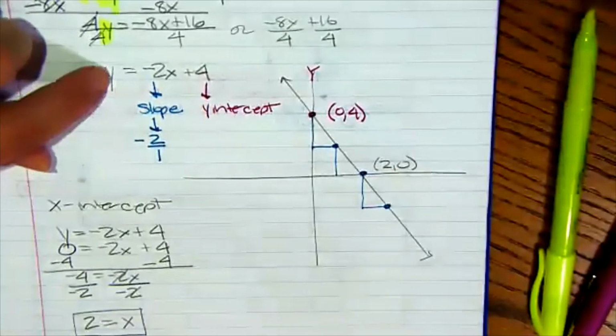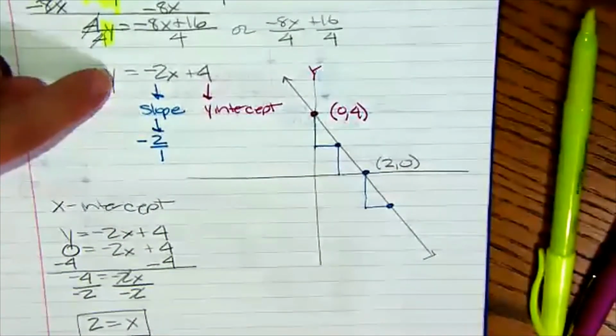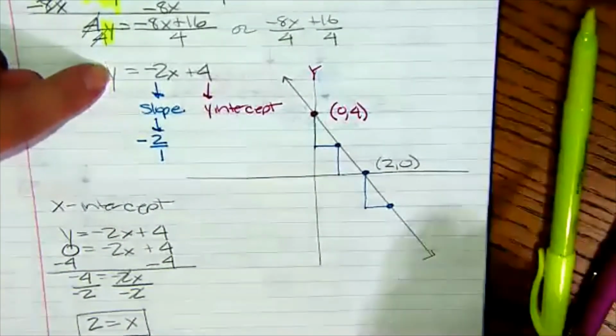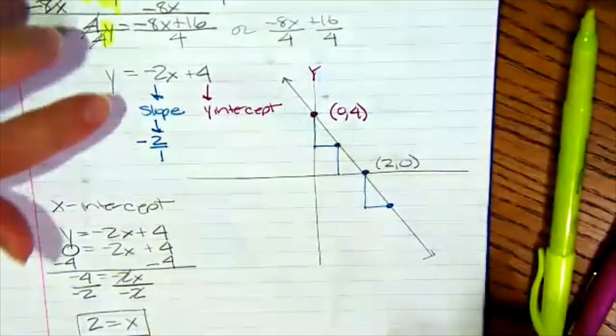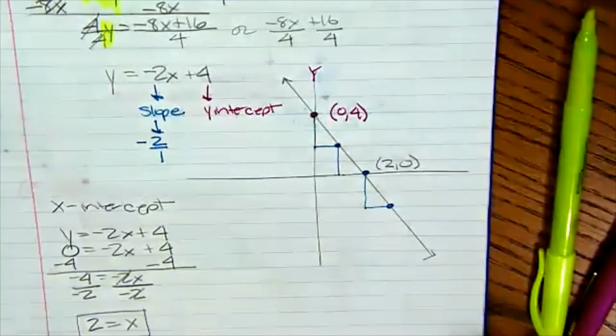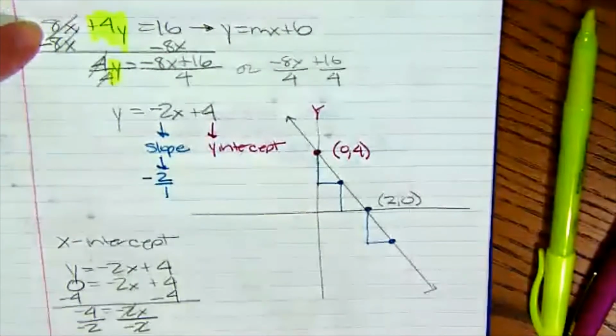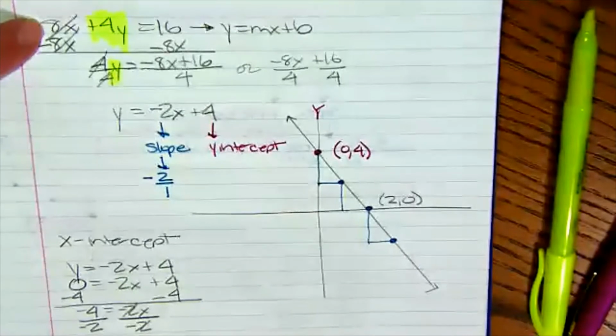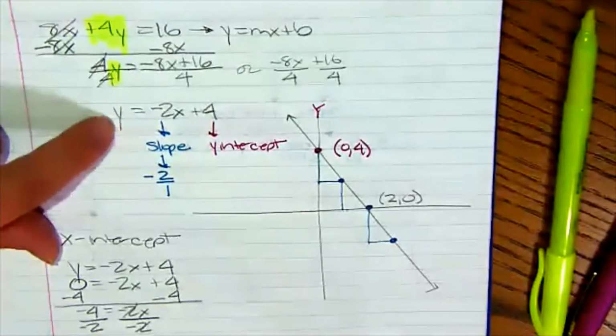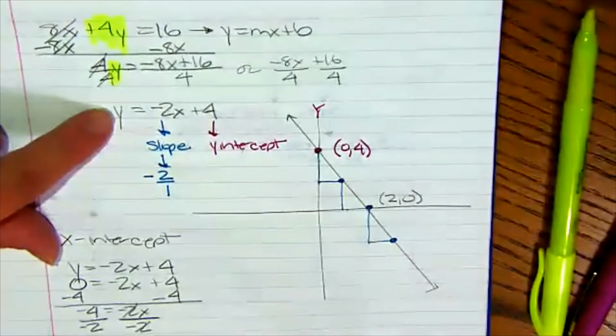So graphing from slope-intercept form is much easier like this than having to create a table like we did yesterday. But sometimes they don't give it to us in slope-intercept form. They give it to us in standard form, and we have to convert it to slope-intercept form.